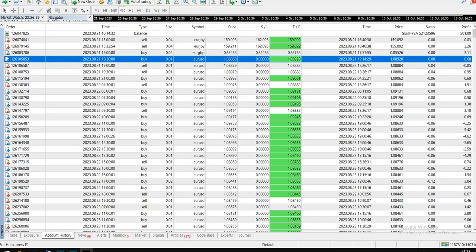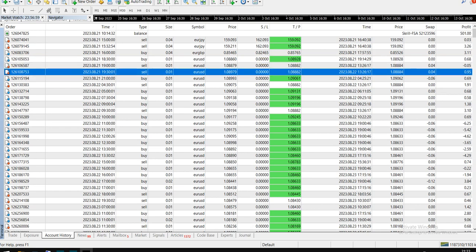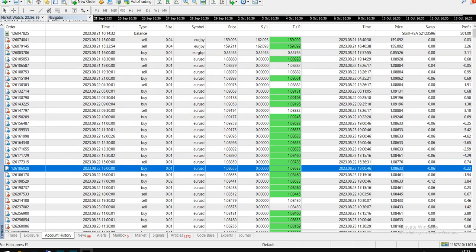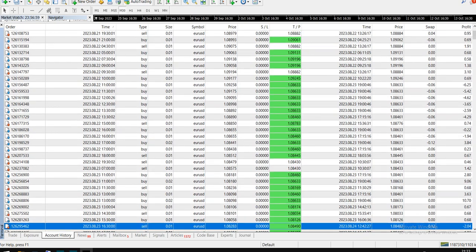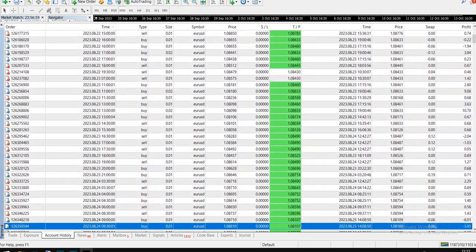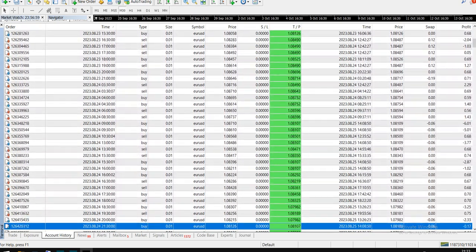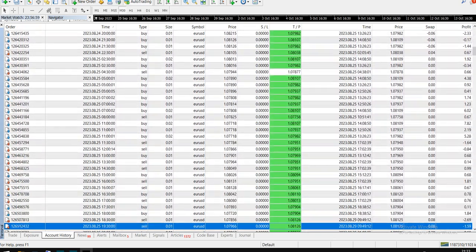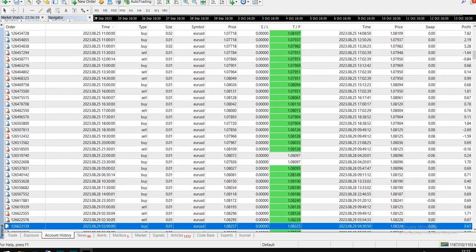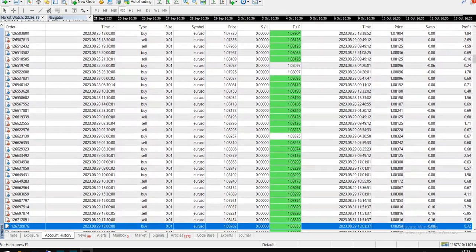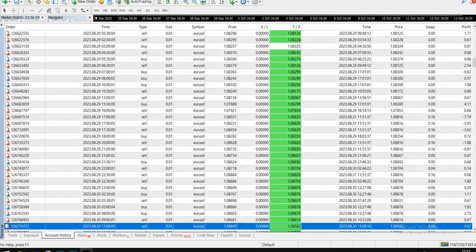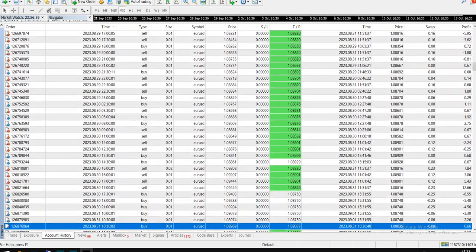So let's start from here. The initial balance, we started with 0.01 lot size with 501 US dollars. In most cases, you will see that the lot size has not increased by more than 0.02 or maybe 0.03, I guess.